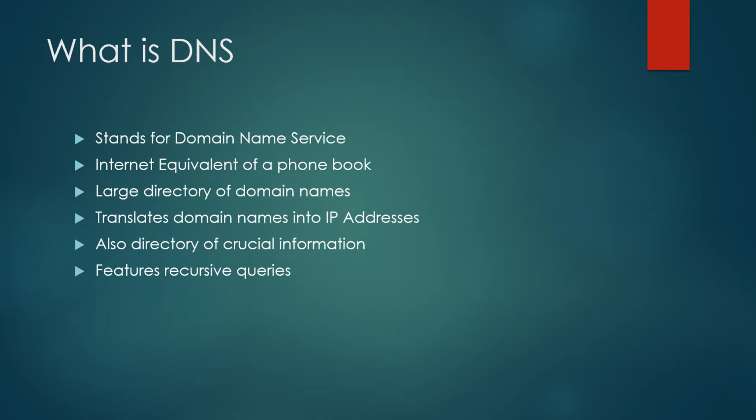They also store a directory of crucial information regarding domain names. Examples of this are email server records, sending verifications, text record verifications of domain ownership, and even SSH fingerprints. They can all be supplied upon the correct request.